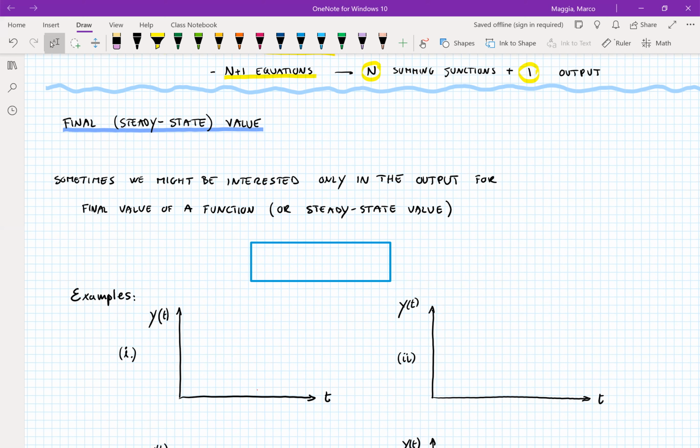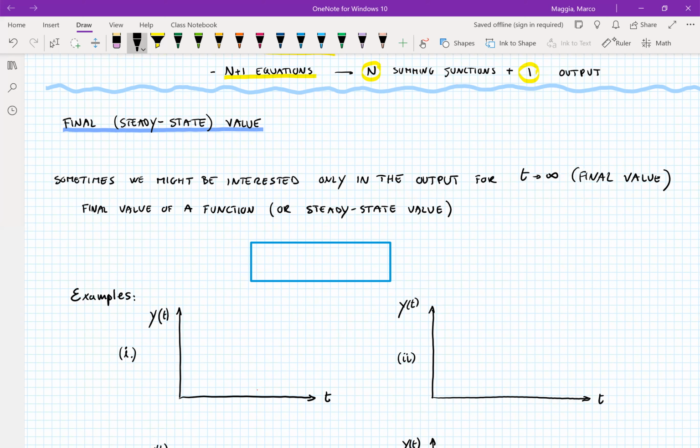Now, forget about the proper output of a control system. Just think about a generic function in the time domain. The final value is the value for the time that tends to infinity, and this is known as the final value.